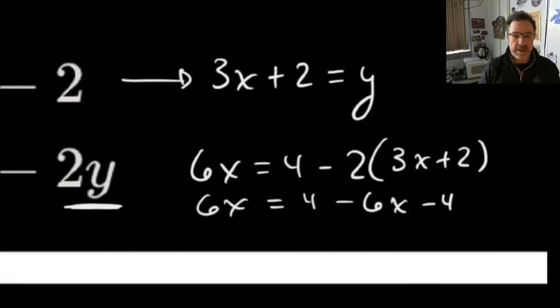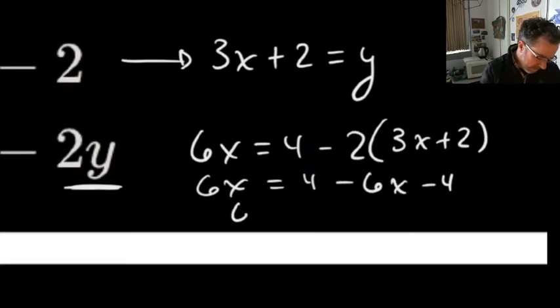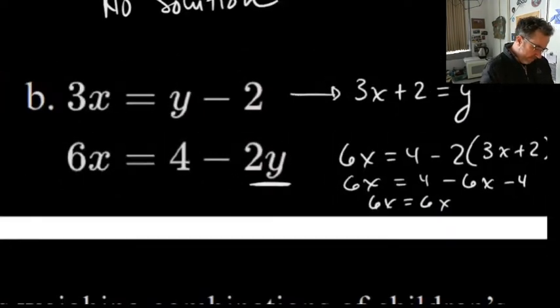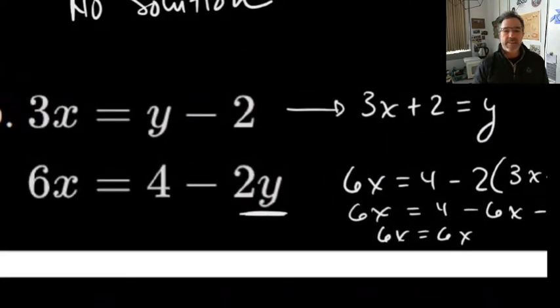Well, do you see what's happening right here? 4 and negative 4 is 0. So this is becoming 6 times x equals. This is an identity, right? You know what? I bet these lines are parallel, but I bet they have the same y-intercept. And because of that, if one point is a solution on the top line, it will also be on the other line.